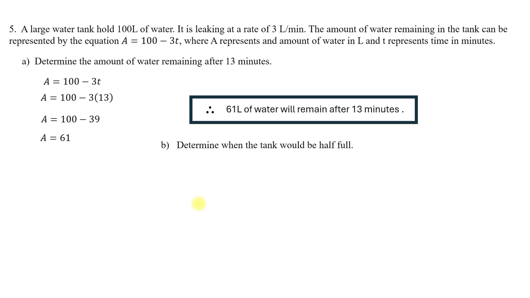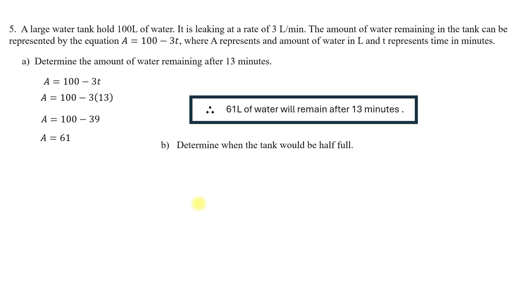The next question asks, determine when the tank would be half full. So we have a full tank of water with 100 liters in it. We want to know when the tank would be half full.